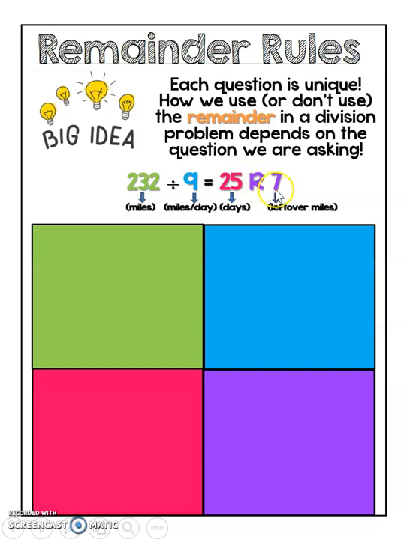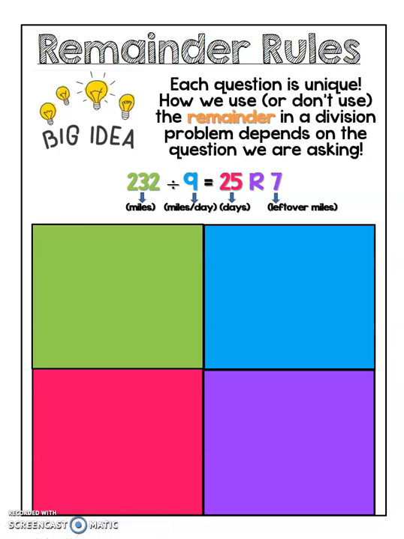And the remainder of 7 meant that they had 7 leftover miles to go. So they didn't do 26 full days of 9 miles, they did 25 full days of 9 miles, and then they still had 7 left over. Your remainder is always going to be the same unit as your dividend. So that leftover amount always links to whatever you were splitting apart.